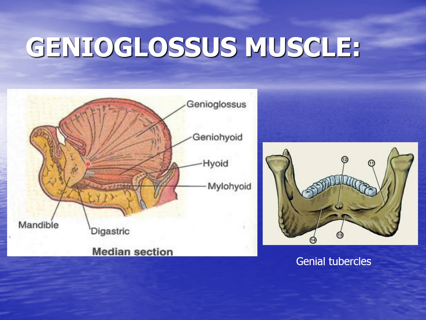We have 4 genial tubercles, superior, inferior, right and left. So it comes from the superior genial tubercle. These genial tubercles, they lie on the inner side of the mandible, close to the middle line. So the genioglossus origin from the superior genial tubercle, insertion in the whole length of the tongue.